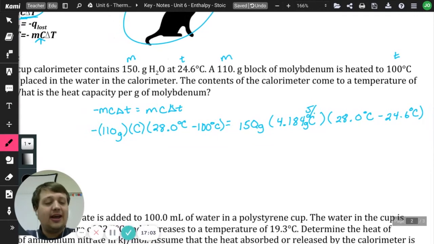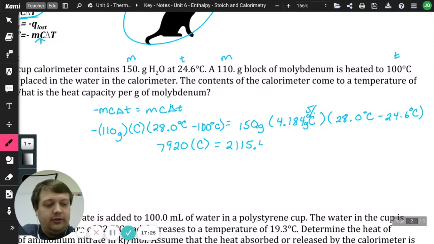And then I'm going to take that and plug it all in. So I'm going to solve for my left and right sides individually first. On my left side here, I've got 7,920 times the specific heat equals 2,115.48. Okay, divide both sides by the 7,920.